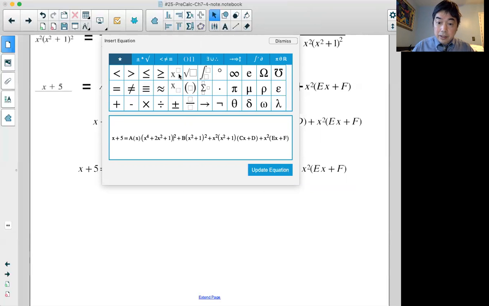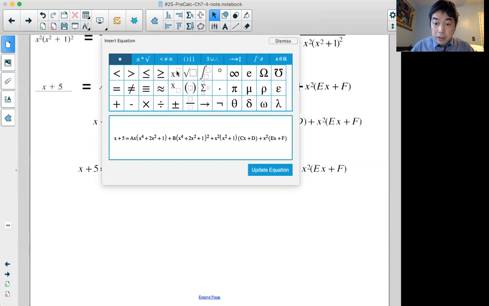So we took care of this. I still have to multiply this, so ax times this one. So let me leave it as it is right now. This one, same thing. b times x to the fourth power plus 2x to the second power plus 1.